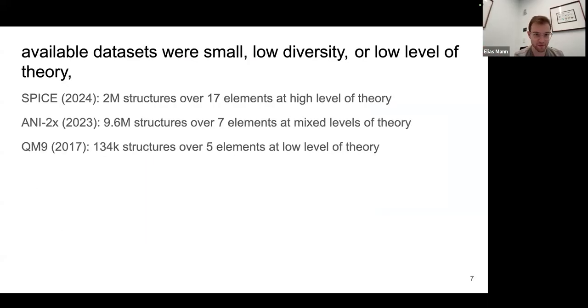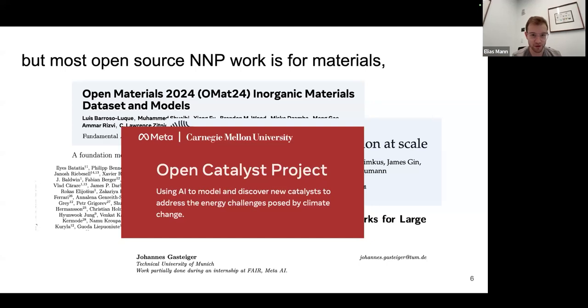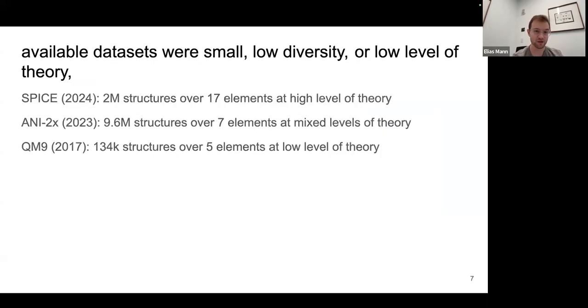So most of the neural network technology is there. Most of the open source work is for materials, and the available datasets for organic molecules were not great. They're small, low diversity, or low level of theory. Here are some of the main ones that existed when we did this project.